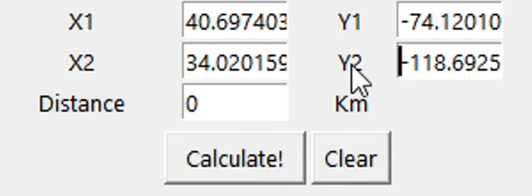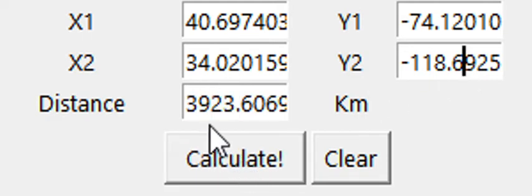Oh, west. I got my coordinates mixed up. I'm like, it can't be that far south. It's above the equator. And I was continuously thinking, okay, yeah, so it's 118 degrees west. Alright, so then we can calculate, and that's a distance of 3,923 kilometers. Basically 4,000 kilometers.